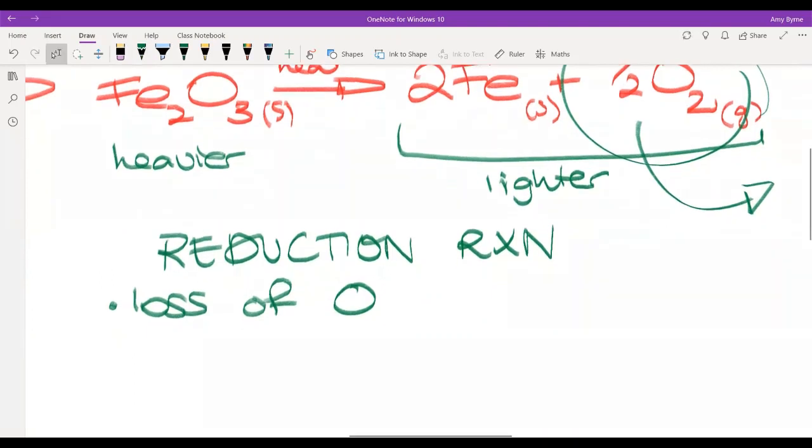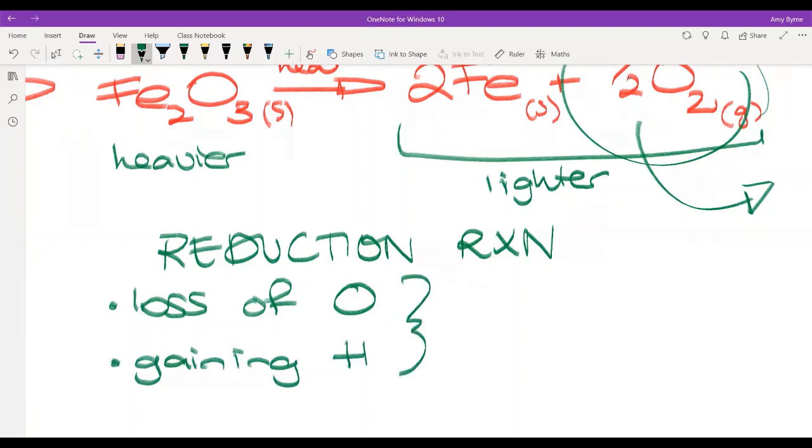One of the other ways that we can talk about reduction is gaining hydrogen. Now, these definitions are super helpful when we're talking about organic chemistry.